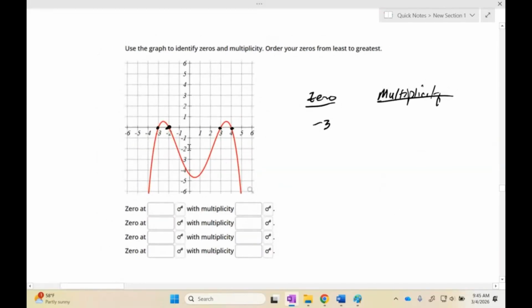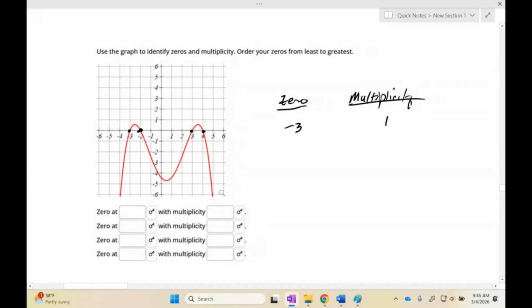The multiplicity, if the graph goes actually through that 0 to the opposite side, is 1. So here we have a 0 of -3, and its multiplicity is 1. The next one will be -2.